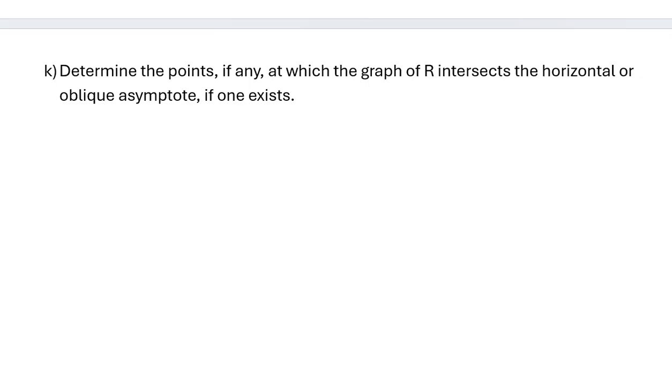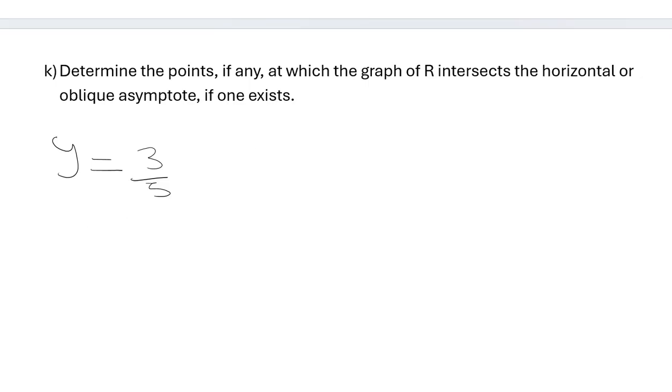It says determine the points, if any, at which the graph of R intersects a horizontal or oblique asymptote. So we determined in the previous section that we have a horizontal asymptote at y equals 3 over 5. So what I need to do is take this 3 over 5 and set it equal to the function.